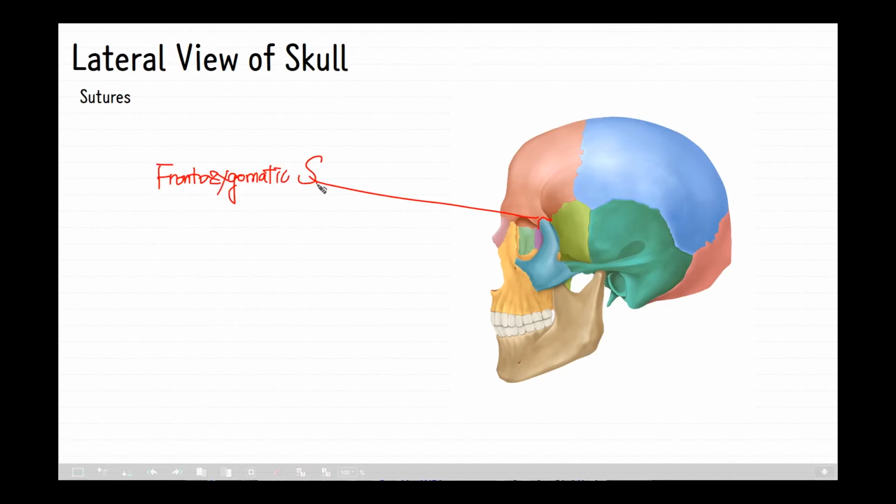And the second one is the zygomaticotemporal suture, which is located on the zygomatic arch. And the third one is the sphenozygomatic suture, which cannot be seen well in this figure.